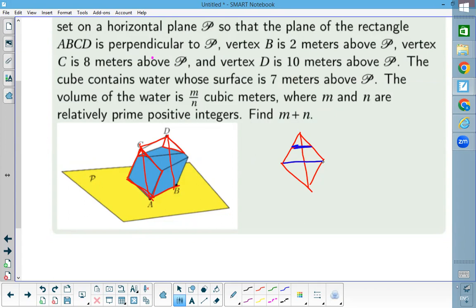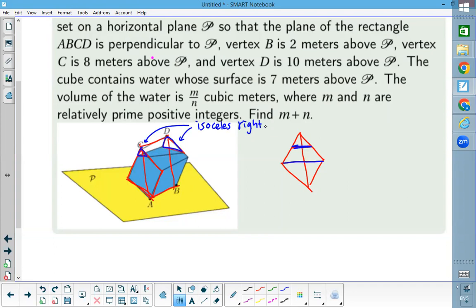That's what I was saying. So therefore, we want to find what those two isosceles right triangles are.